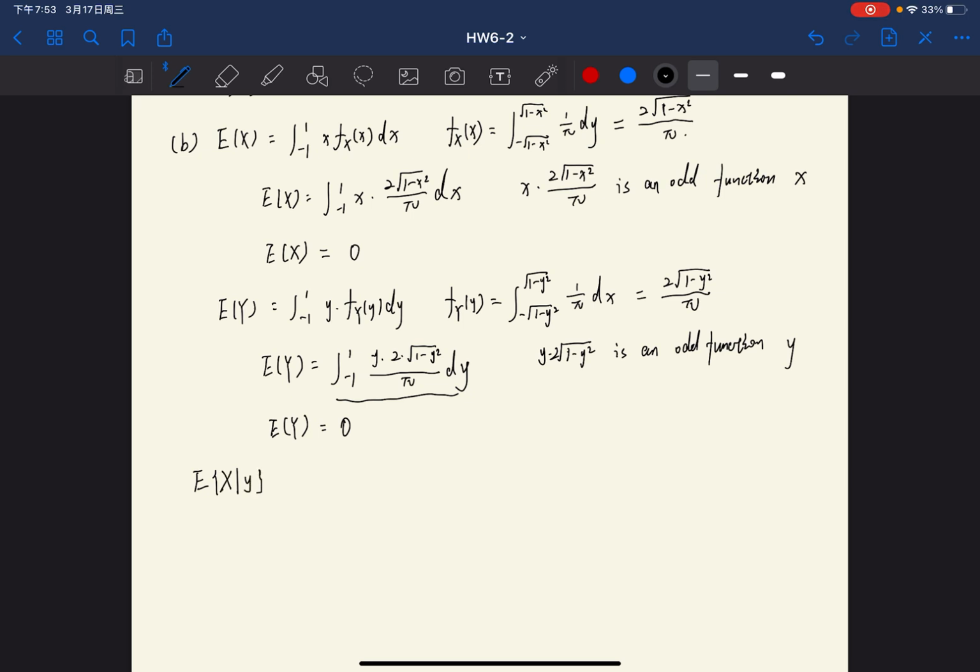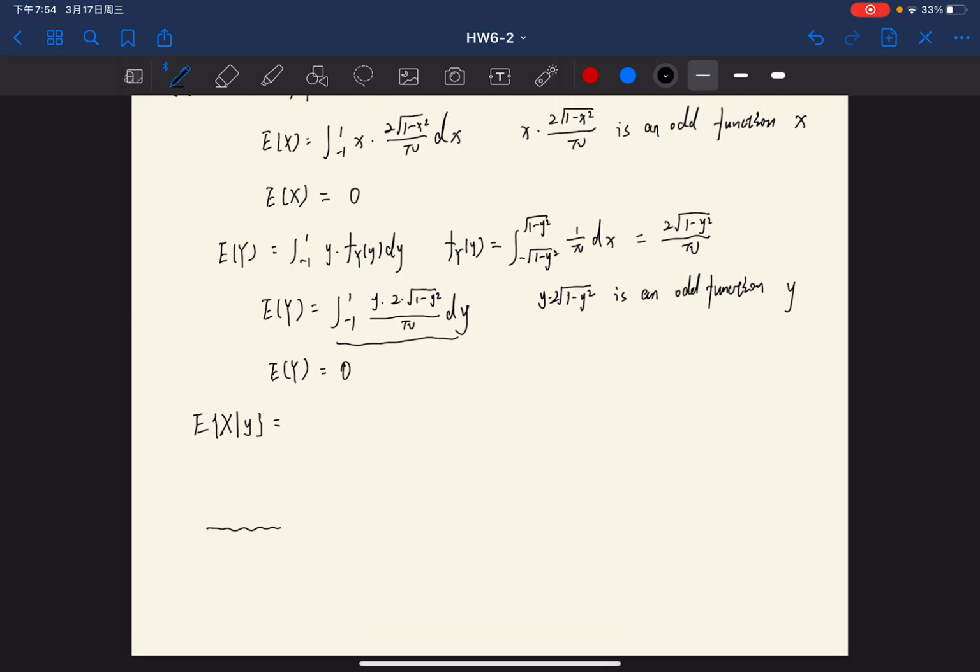Using the definition, we can find that when y is fixed, we can draw a line, and this line is parallel to the x-axis, and the line will intersect with the circle at 2 points.